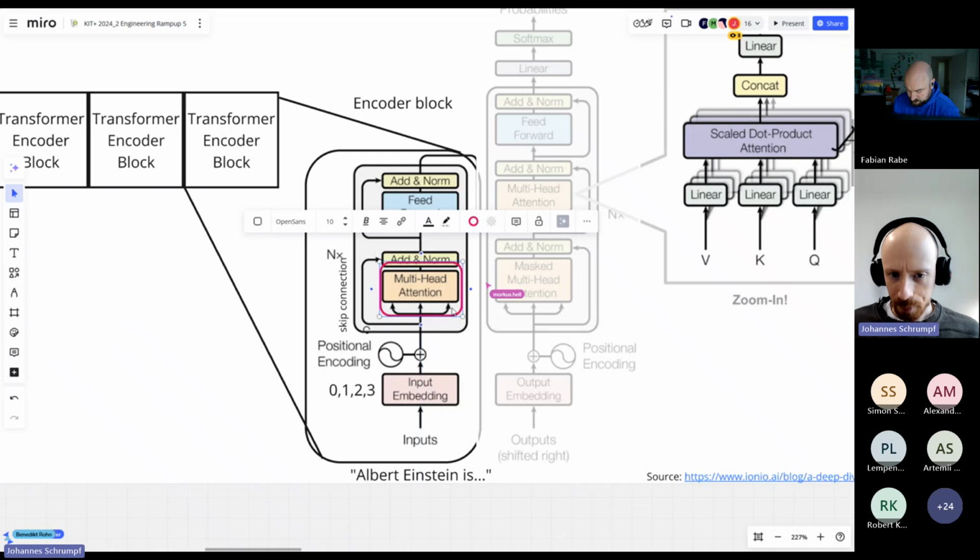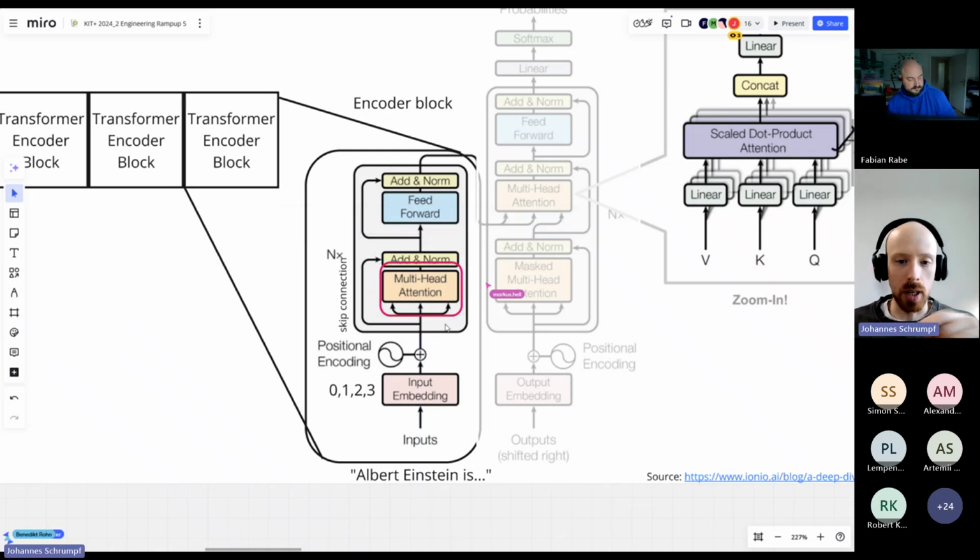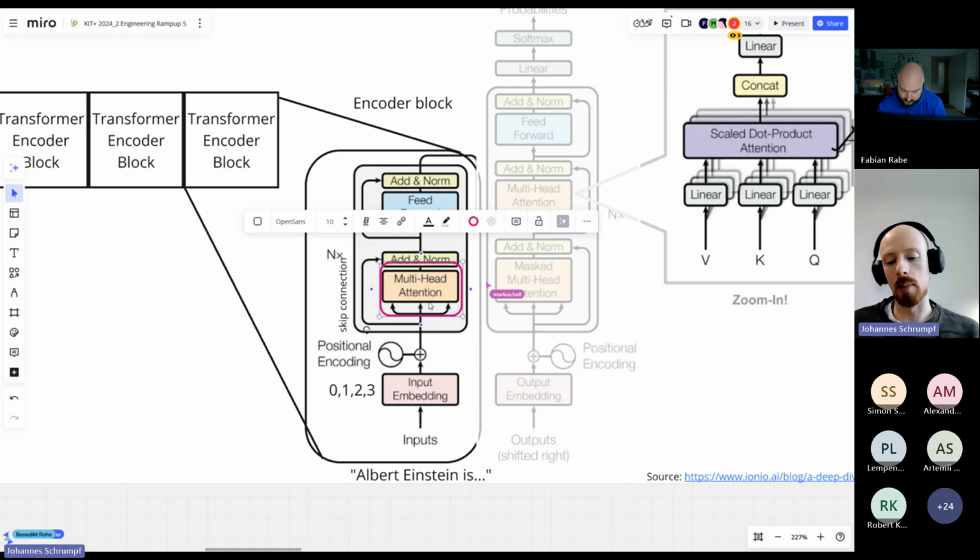And remember, this is one encoder block, so maybe the input here is not only the raw text, but it's already something that has been processed before, right? So maybe this multi-head attention block here is overfitting or does not meaningfully contribute to diminish our error within our network. And in this case, we basically want to skip it, because it's just introducing more error into our network.